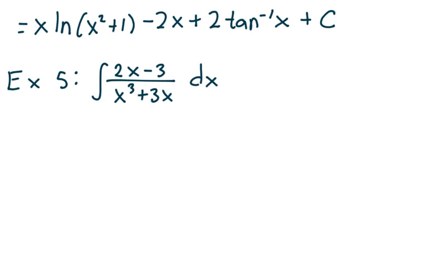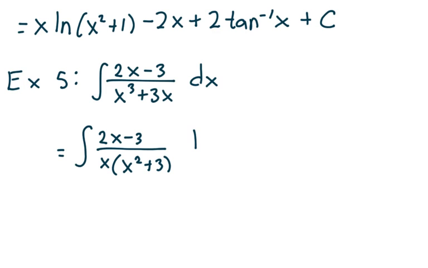The most logical one here is partial fraction decomposition. And so what I need to do is factor the denominator. So I'm going to factor out an x and write x squared plus 3, and I'm integrating with respect to x. And so I'm going to take 2x minus 3 divided by x times x squared plus 3.